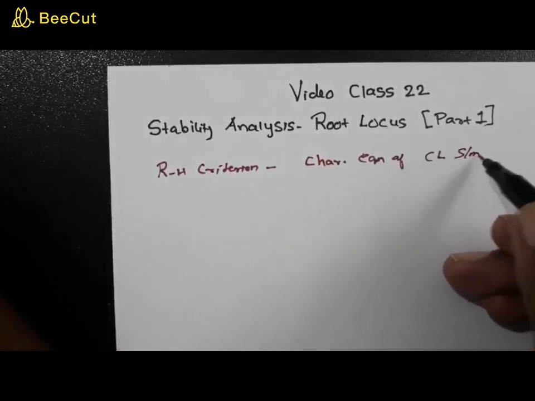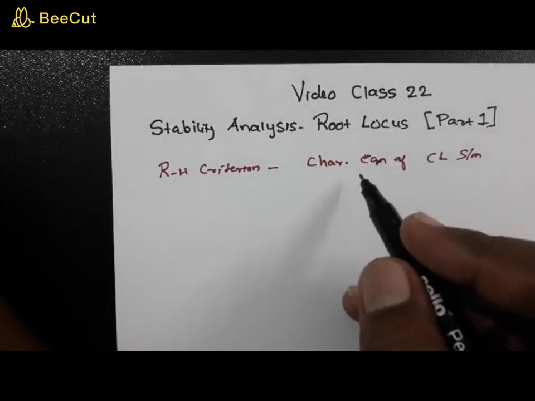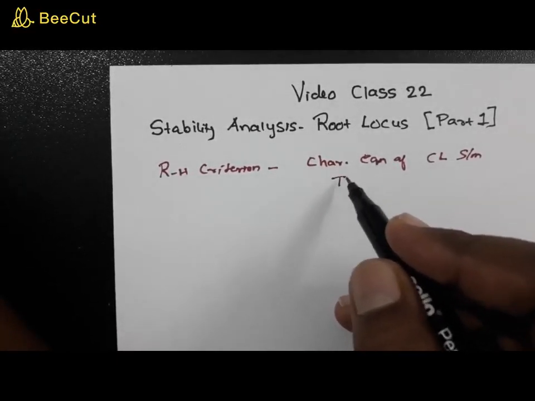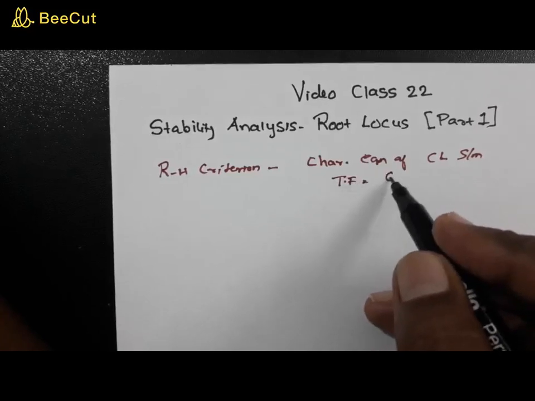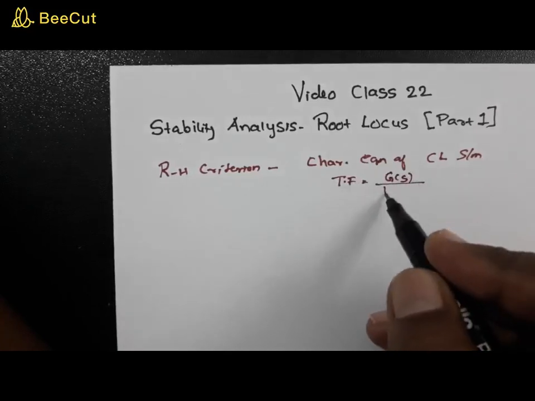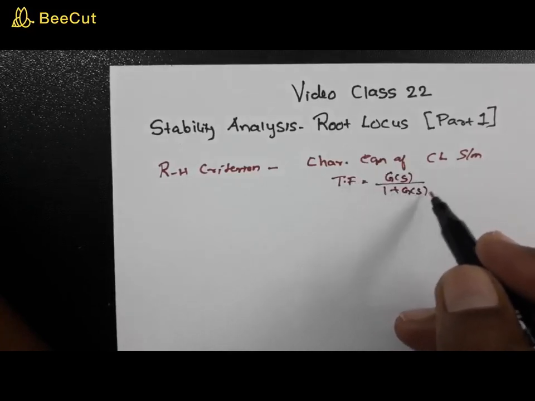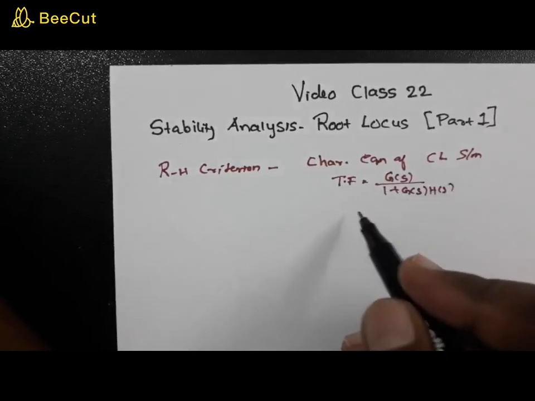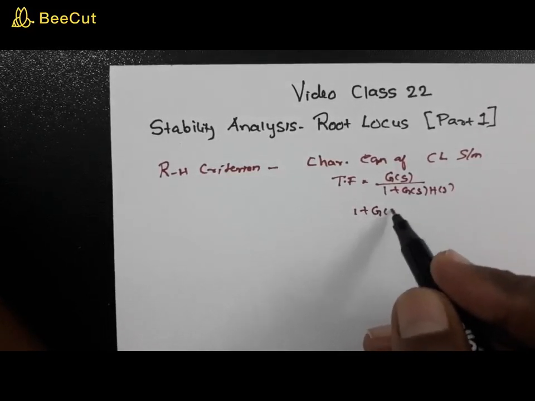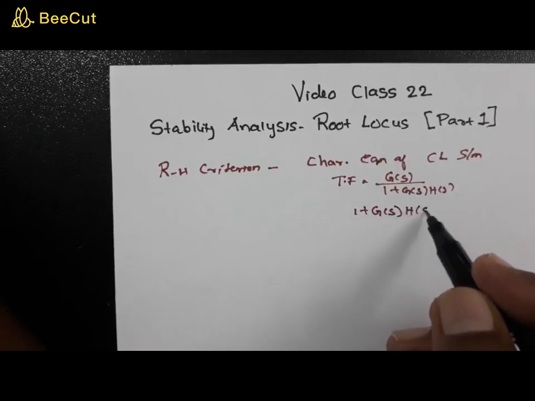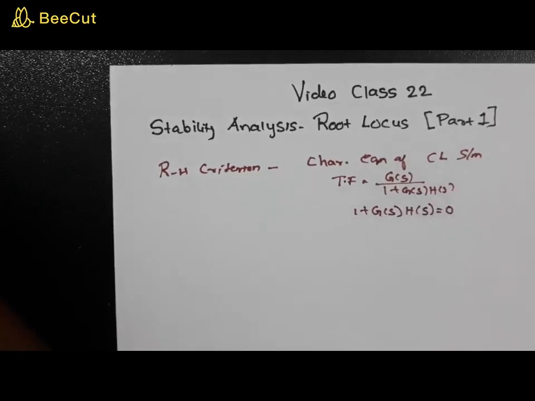Just for a recap, what do you mean by the characteristic equation? If you have the transfer function as G(s) by 1 plus G(s)H(s), and you equate this 1 plus G(s)H(s) to 0, that is your characteristic equation.